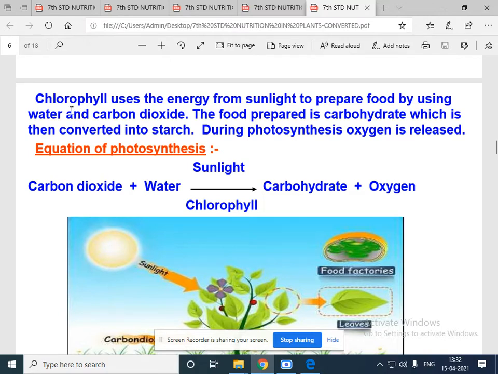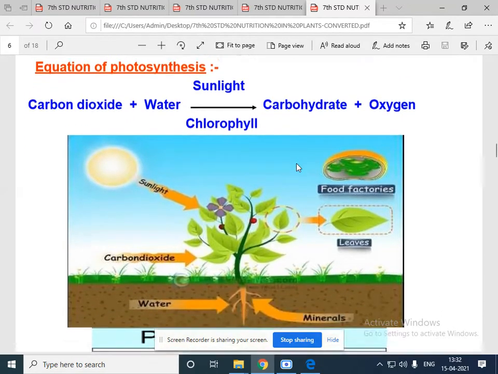Chlorophyll uses the energy from sunlight to prepare food by using water and carbon dioxide. The food prepared is carbohydrate, which is then converted into starch. During photosynthesis, oxygen is released. What does it mean? See here.